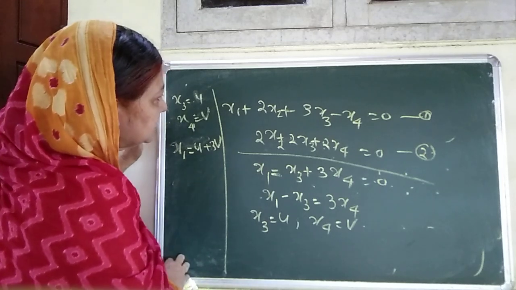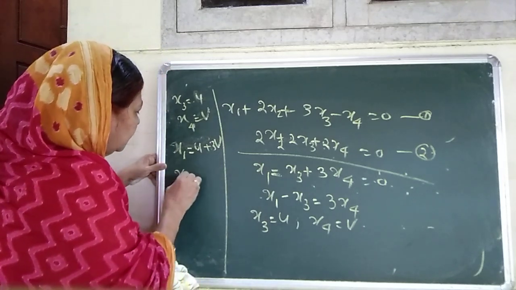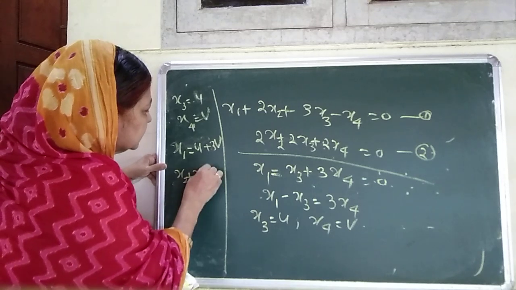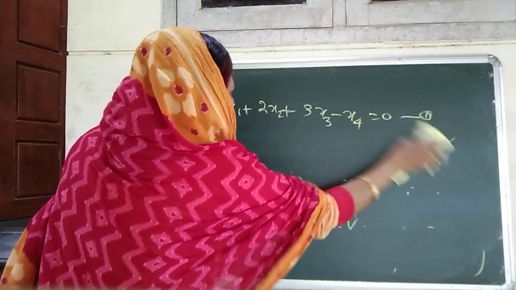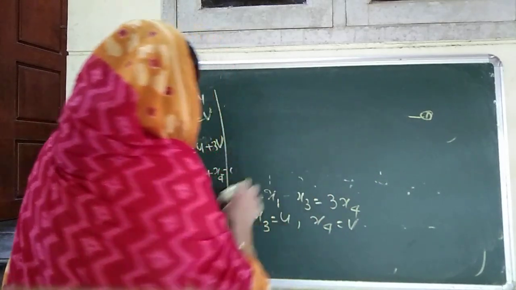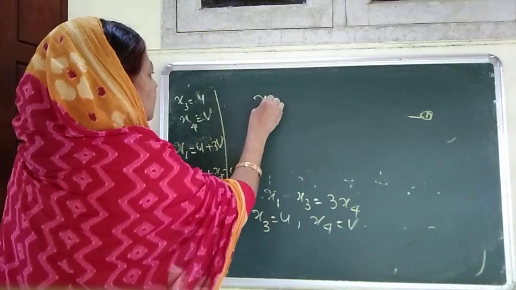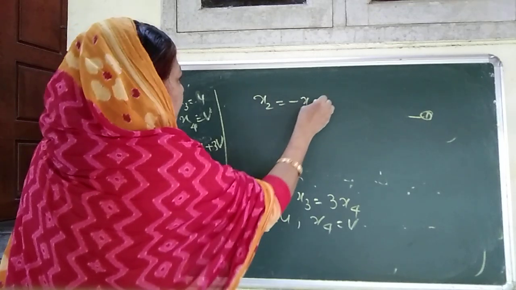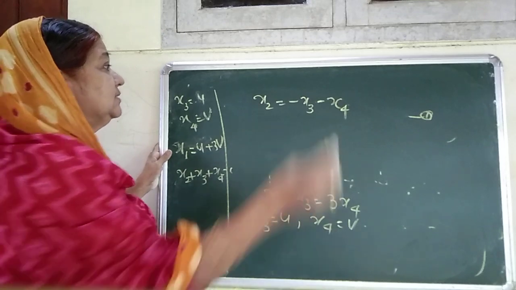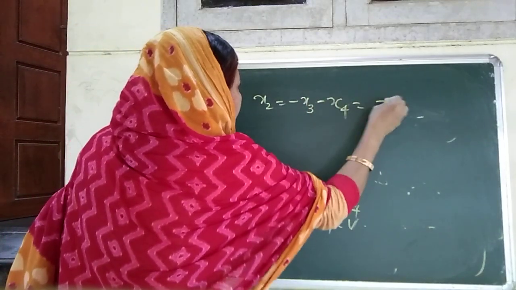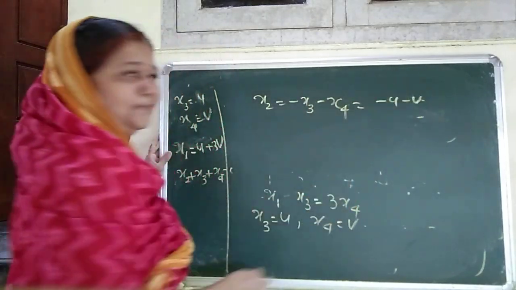We have given that x2 plus x3 plus x4 equal to 0. Therefore, x2 equal to minus x3 minus x4, equal to minus u minus v.